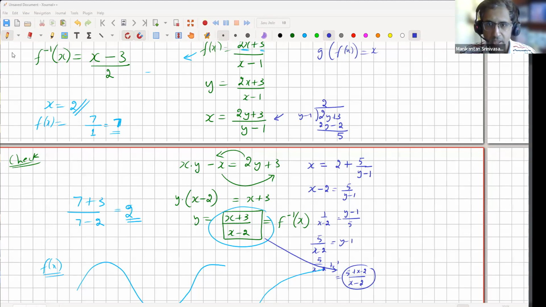So let's do some practice problems. I haven't shown you sketching functions, but we'll do that as we go through. Just allow me one second. Let me just find the question set here.